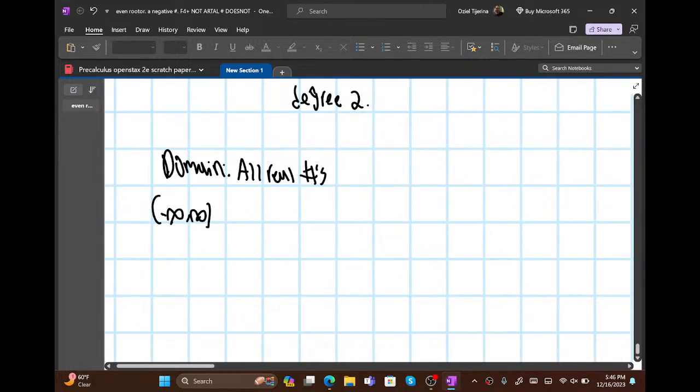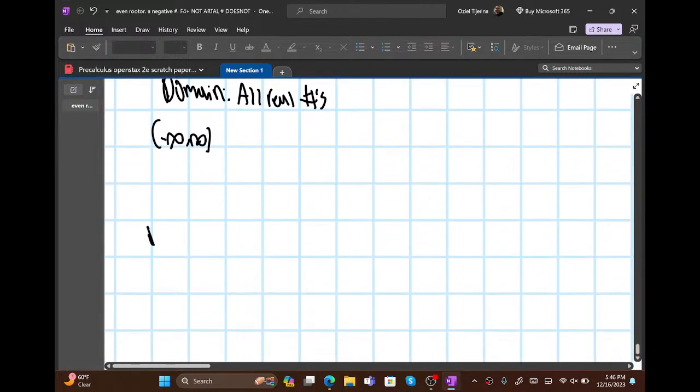Now, some examples of where the domain is not all real numbers.